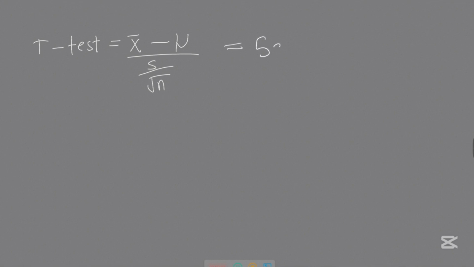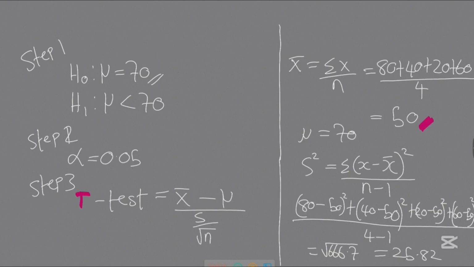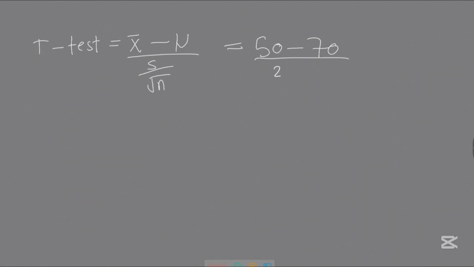So that will be 50 minus your population mean, which is 70, divided by your standard deviation, which we got as 25.82, divided by the square root of n, and n from the question is 4.